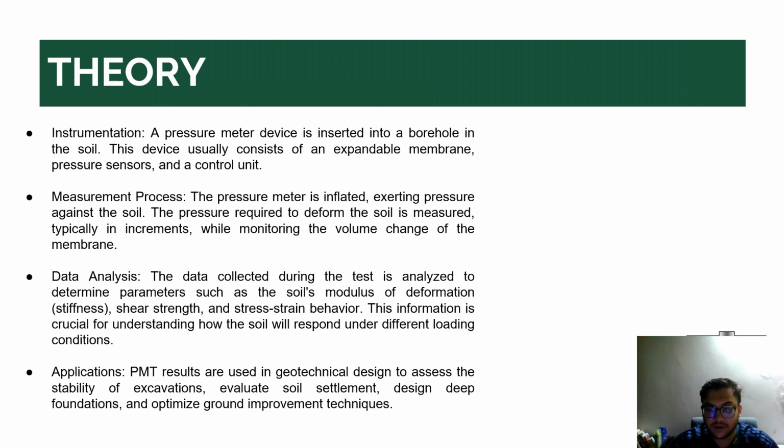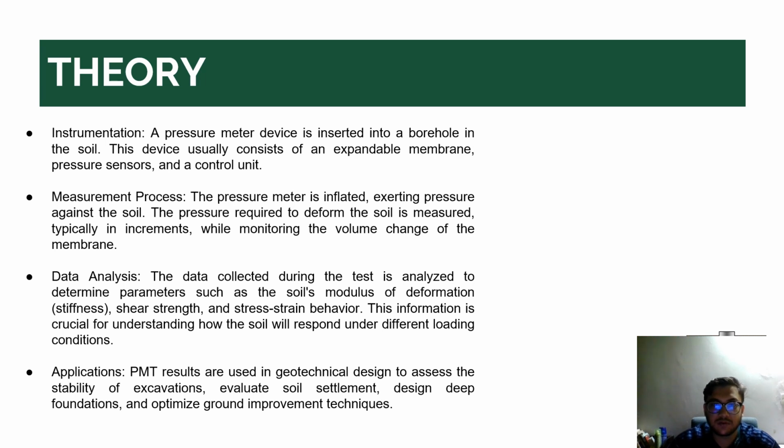Okay, introduction. A pressuremeter device is inserted into a borehole in the soil. This device usually consists of an expandable membrane, a pressure sensor, and a control unit. The pressuremeter is inflated, exerting pressure against the soil.